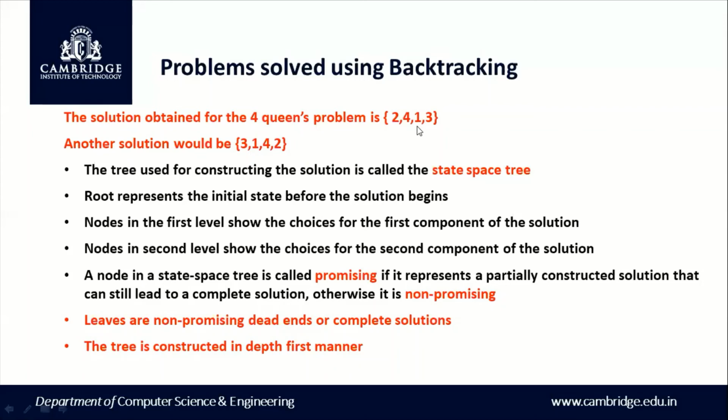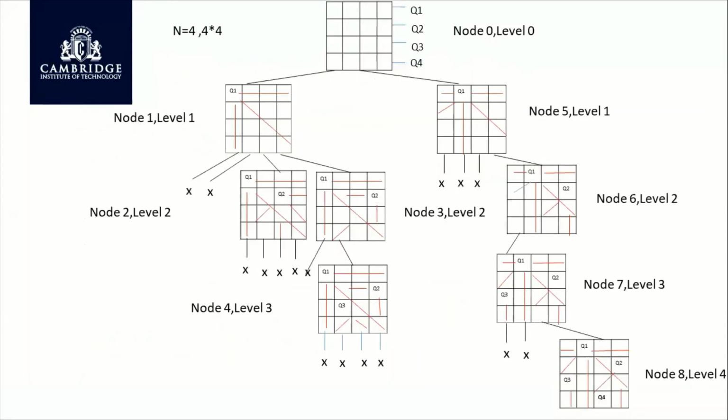Assuming that you're placing queen 1 in the first row, queen 2 in the second row, third row, and fourth row, 2 indicates the column position for queen number 1. I hope you have understood that. So this is column number 2, this is column number 4, this is column number 1, and this is column number 3.